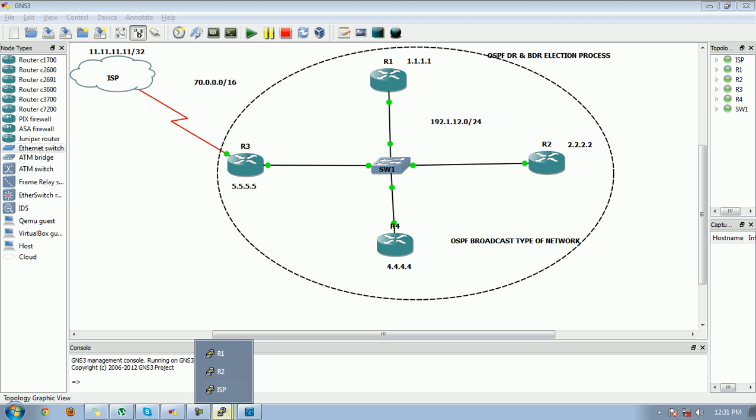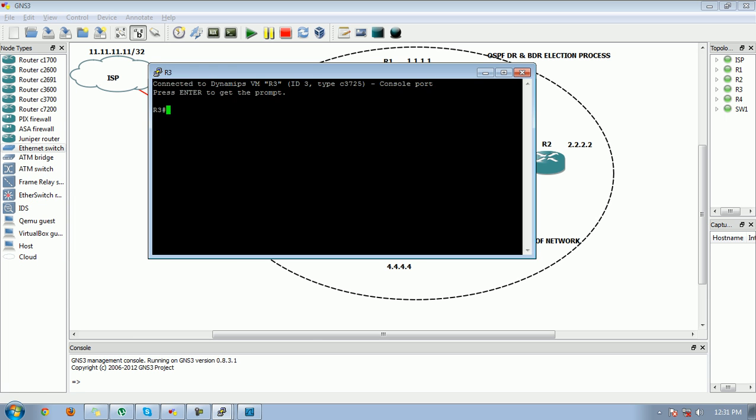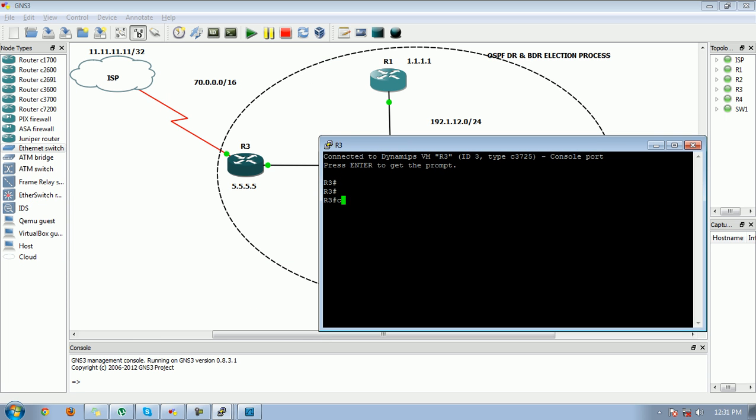Now on R3. FastEthernet 0/0, not FastEthernet. Serial 0/0. Moves down.